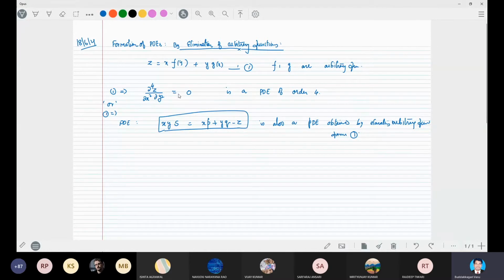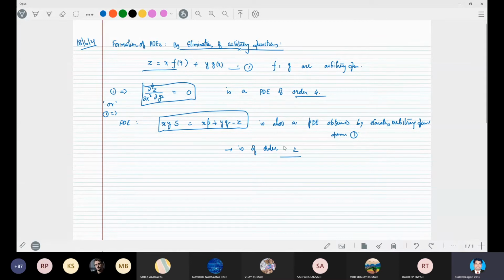which will be considered for this equation. Which equation to be chosen? This is of order 4 and this is of order 2, right? Which will be chosen?